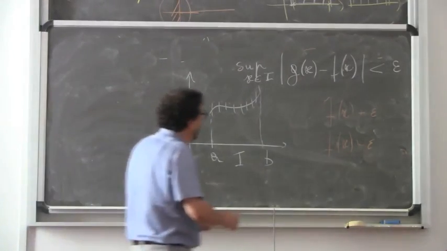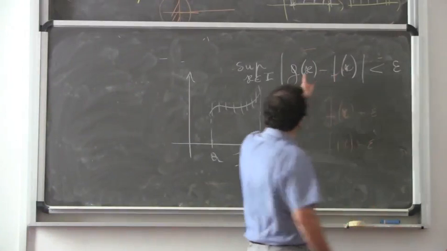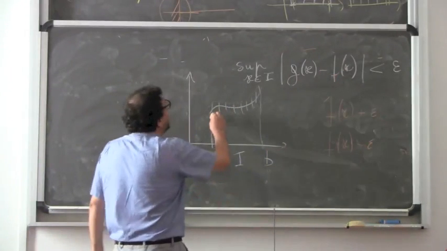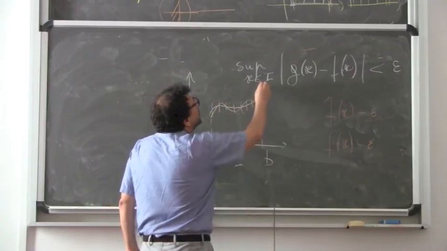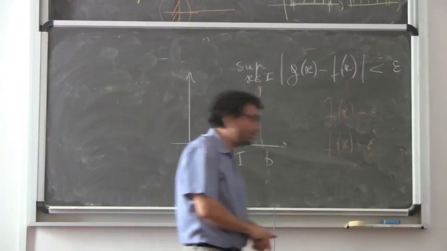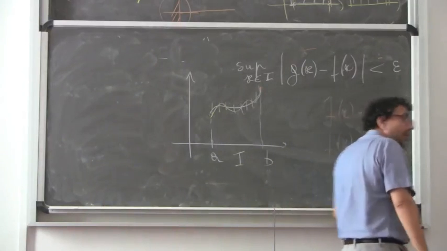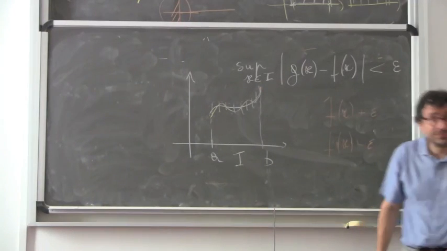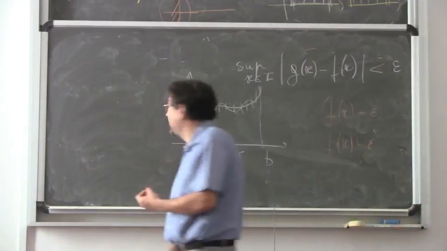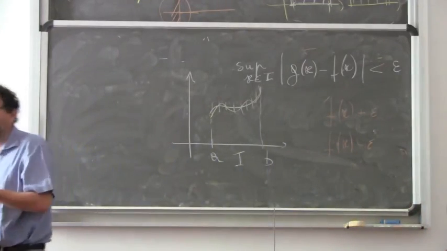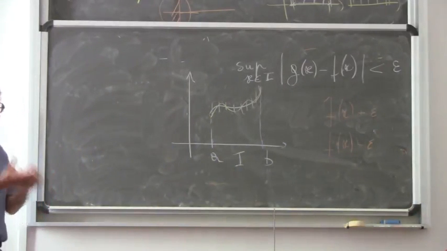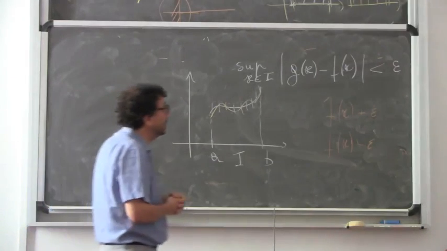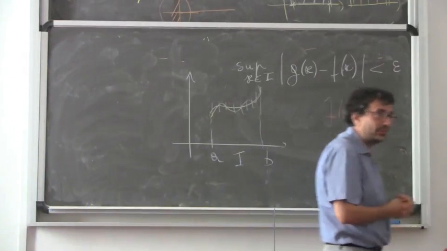You have that the graph of this function g is inside this stripe. So, in a sense, you have that g of x is epsilon distant from f. Okay?